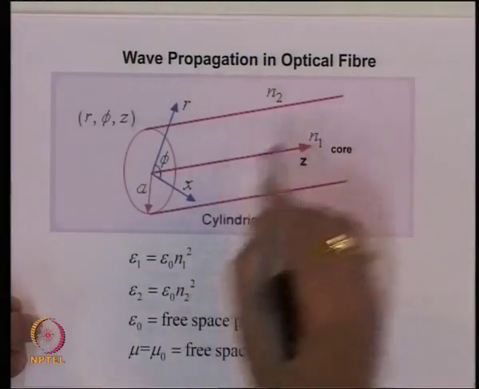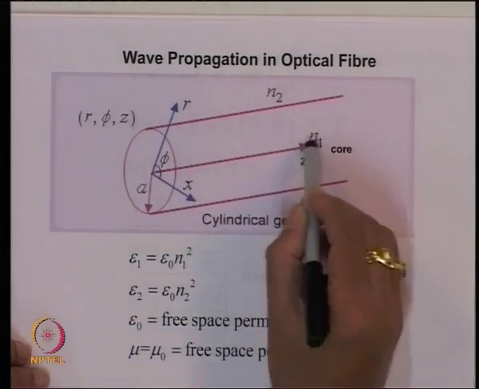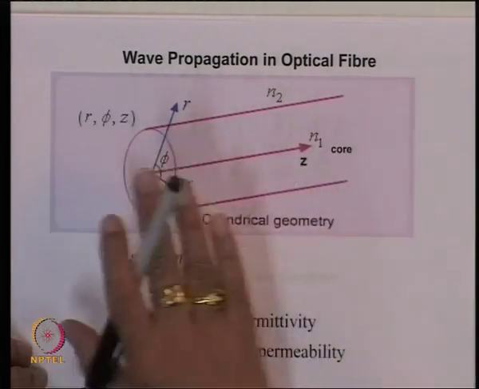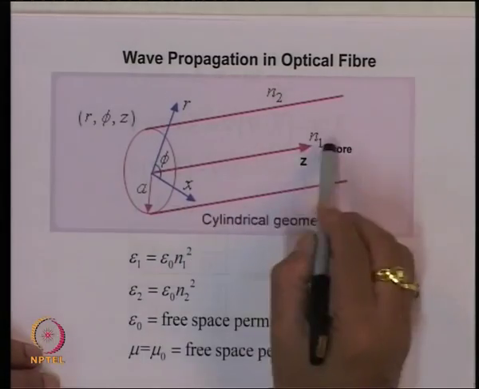Now, if I look at the structure which we have taken here, which is the core of the optical fiber, the propagation takes place along the direction of Z. That is where the net energy is going to flow. So, this direction is a special direction.